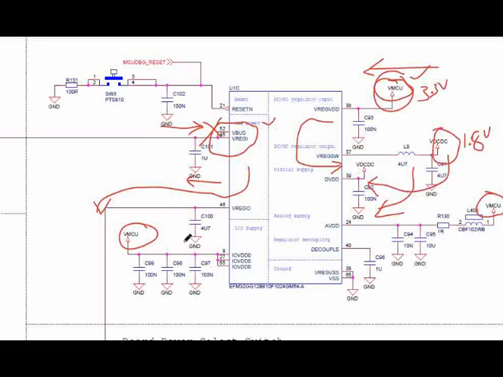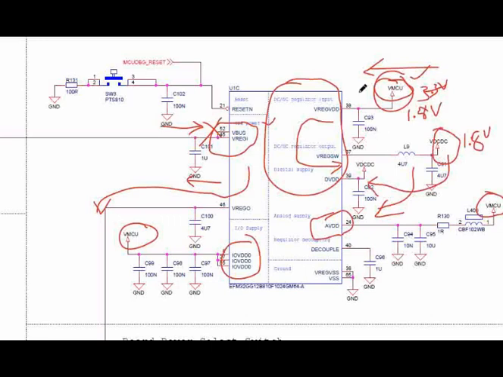When you see here, VMCU is connected to various peripherals, like IOVDD, which works at 3.3 volts, and AVDD, the analog supply, which also works at 3.3 volts. These major rails are connected at 3.3, and then there is the DC-DC regulator input. This regulator works in different modes. For example, if you give only 1.8 volts here instead of 3.3, the regulator works in bypass mode, and 1.8 volts comes out directly and is fed back.